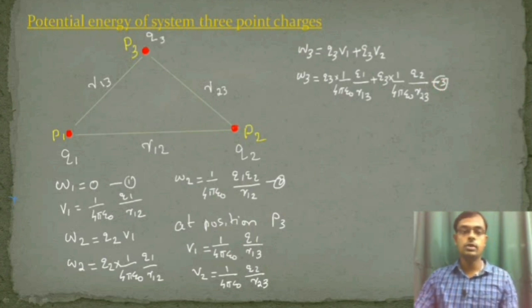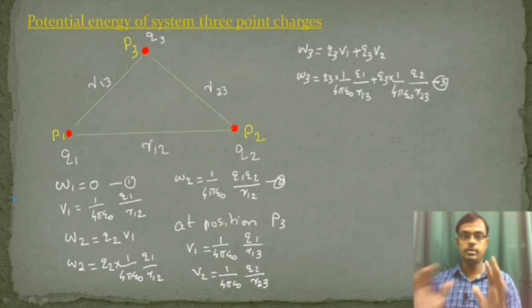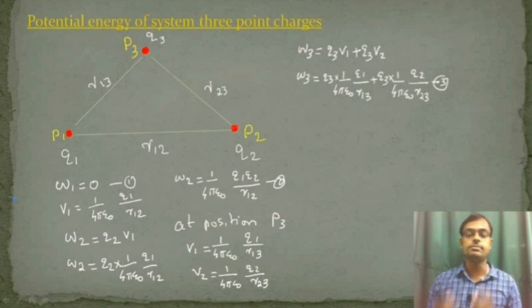Now all these charges are configured and placed as a system. If so, what is the total potential energy? W is equal to W1 plus W2 plus W3.